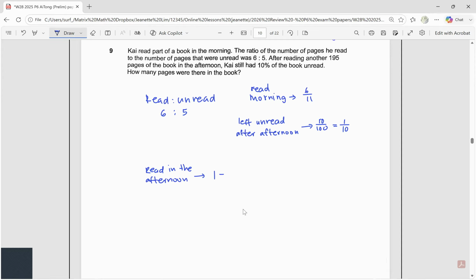So 1 whole minus morning minus left, then you end up with the fraction that is read in the afternoon.